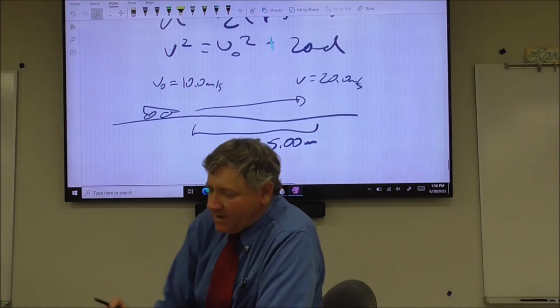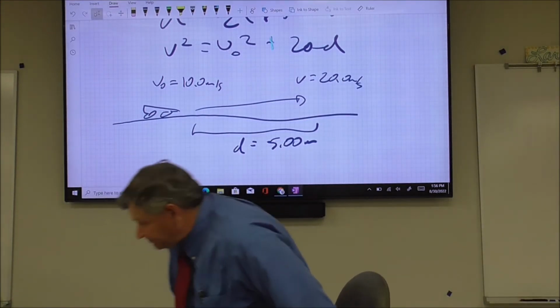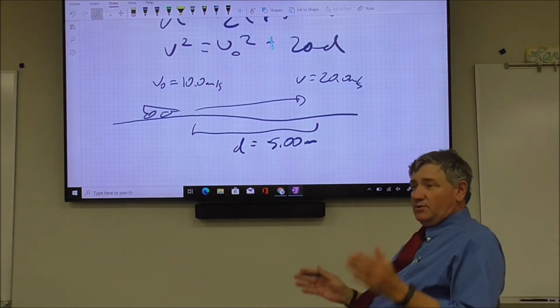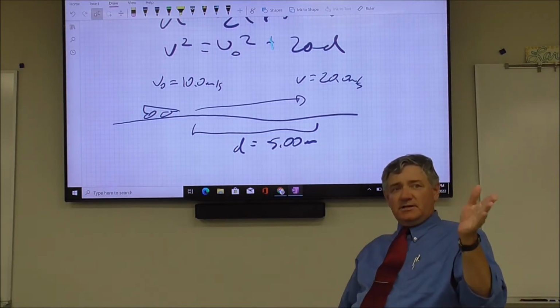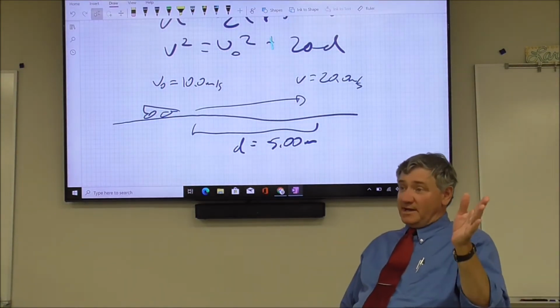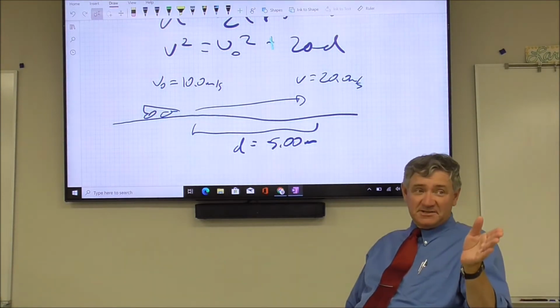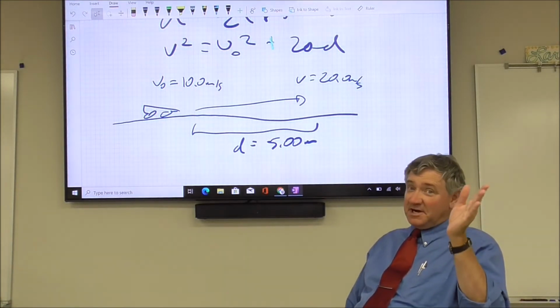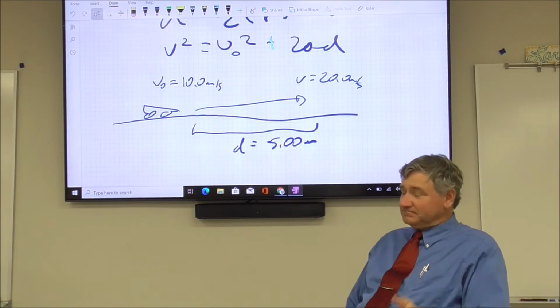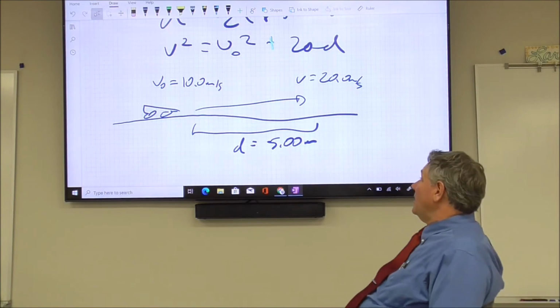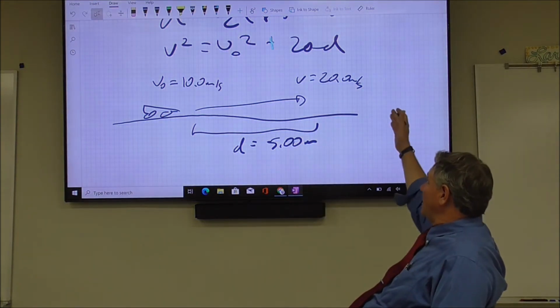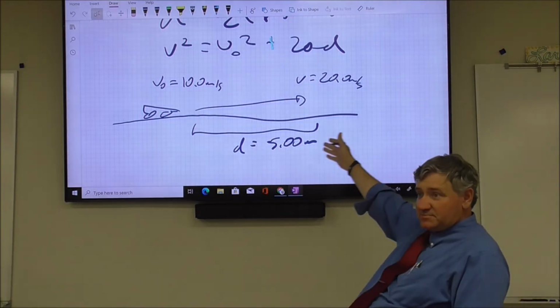So imagine this. You're driving your car, and you look down at your speedometer, and you're at 10 meters per second, because you got the nerd package on the car. The nerd package on the car, it's not miles per hour, it's meters per second. Your speed goes up to 20 meters per second.